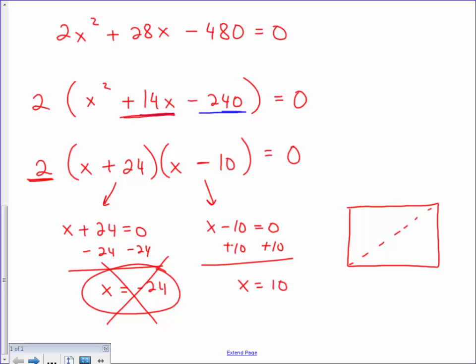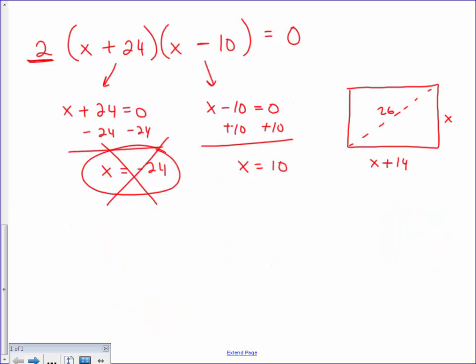So going back to my picture above, I had the diagonal being 26 inches long, the height being x, and then the length being x plus 14. So my dimensions are going to be a height of 10, and then be sure to look for the units.